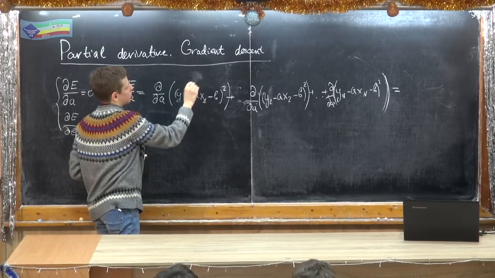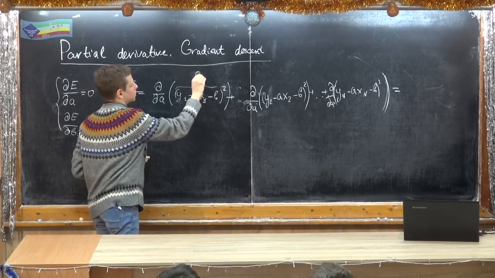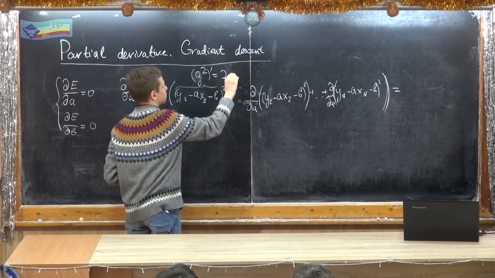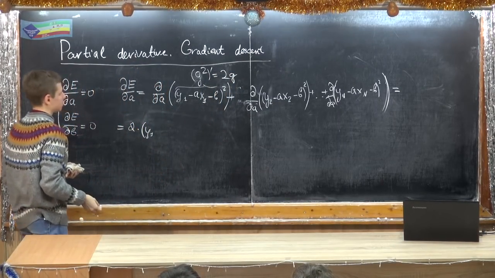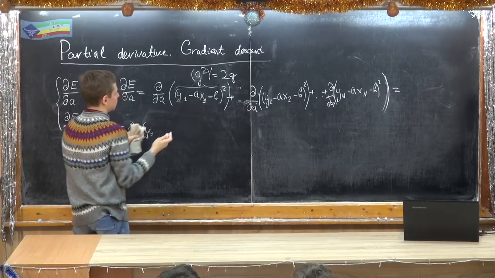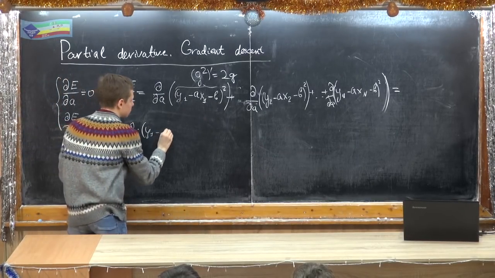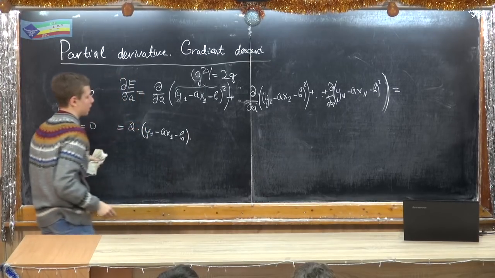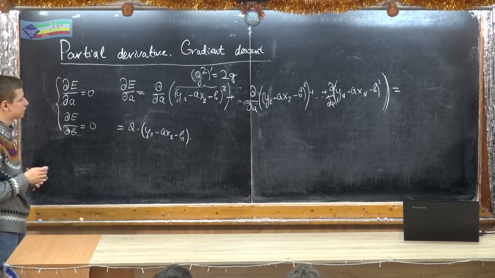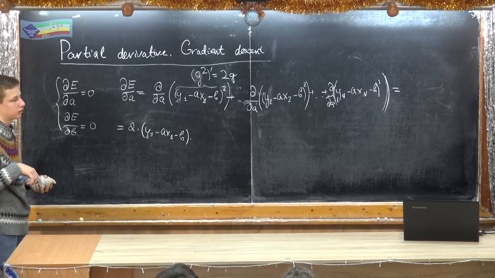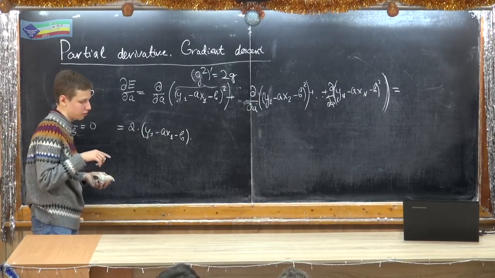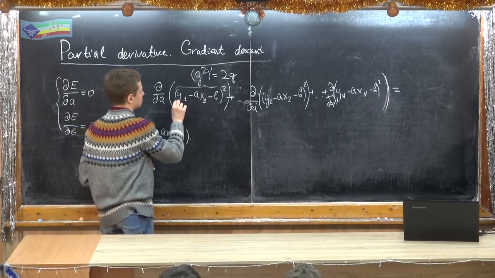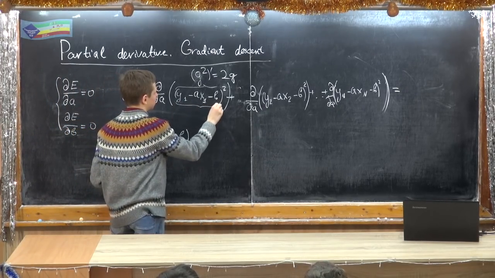Then we take this, and as the chain rule states, it is multiplied by the derivative of the inner function. And now we just need to take the derivative of the inner function.